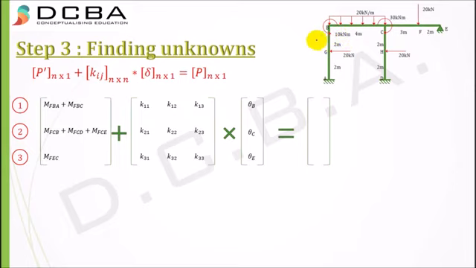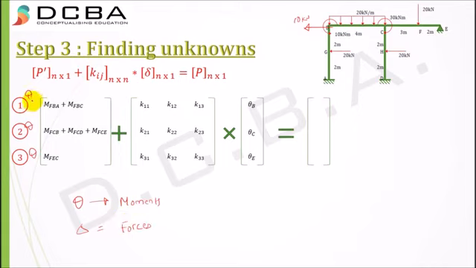One more thing, very important, is that if there was a force on this joint B, say a horizontal force of 10 kilonewton, then you should not consider this horizontal force for writing here, even though it is occurring on the joint, because our first unknown is a rotation, right? First is theta, second is also theta, third is also theta. So a very important thing: thetas are always associated with moments, and deflections, deltas, are always associated with forces.